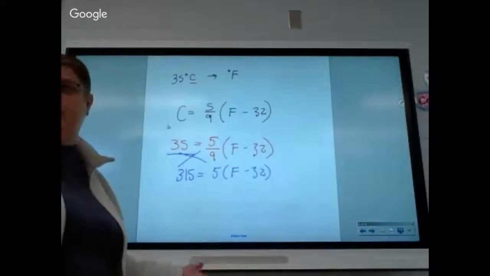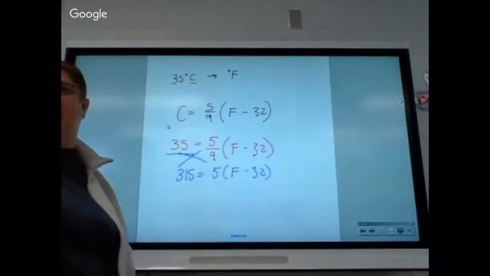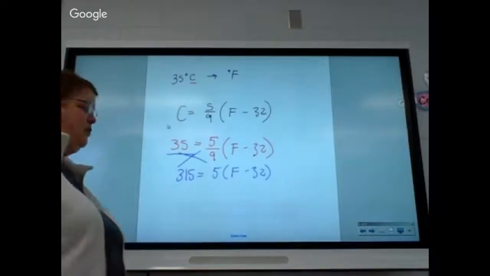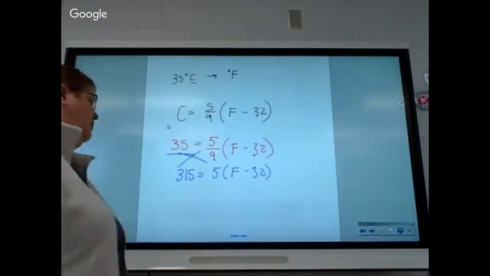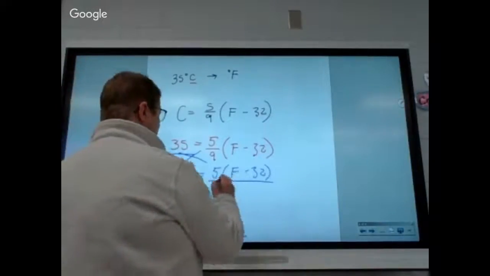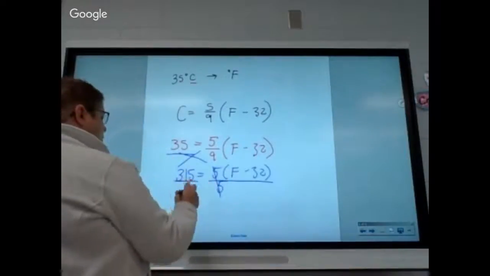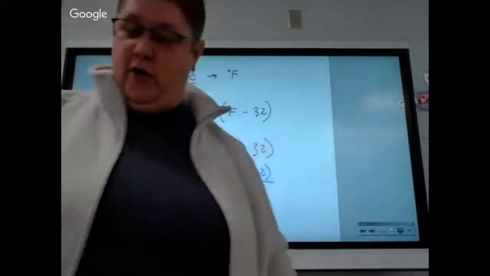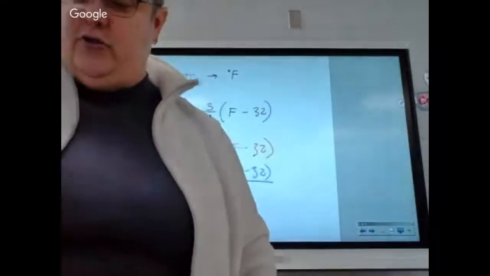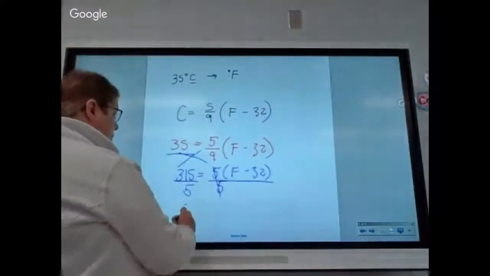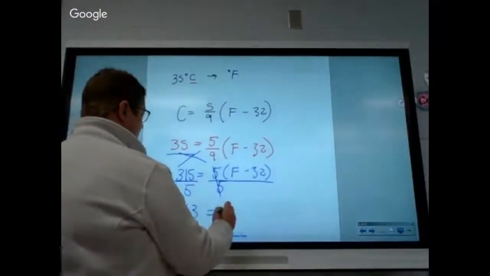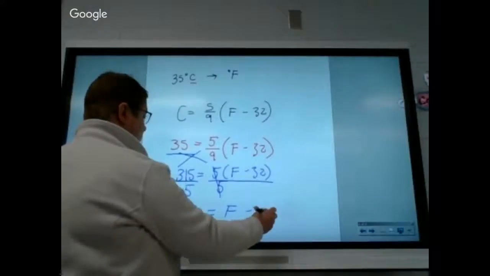You choose. Whichever way you liked it better when you were in algebra class. Ms. Wall likes smaller numbers, so I tend to divide by the 5 and get rid of it. But if you prefer to distribute, you distribute. It's okay. So 63 equals F minus 32.